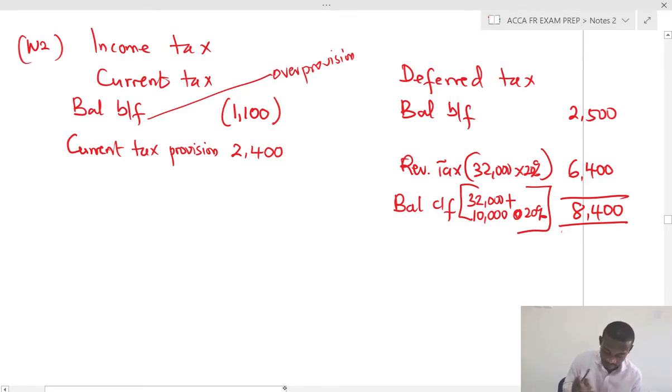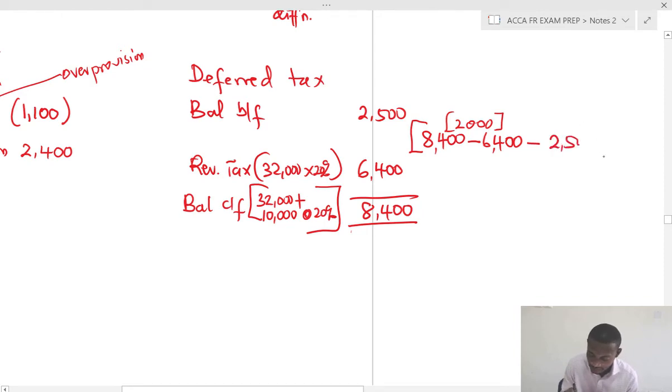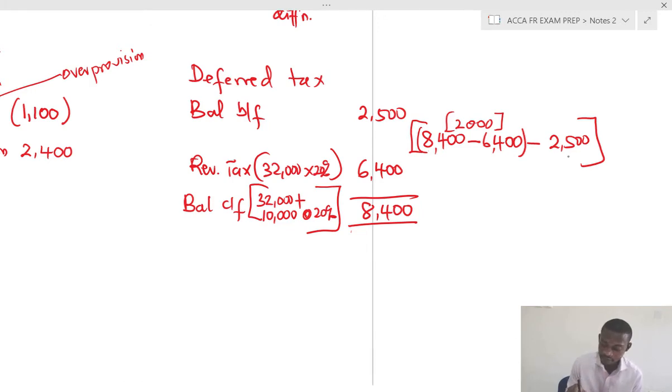Now what this will give you is that we had a decrease in provision. So I'll put here decrease because I have negative here. So this will be equal to negative 500, and that is a decrease in deferred tax. So look at it, this 2,500 plus negative 500 plus 6,400 should give us the closing balance. So I will now transfer the movement in deferred tax which affects P&L to the face of the current tax movement.